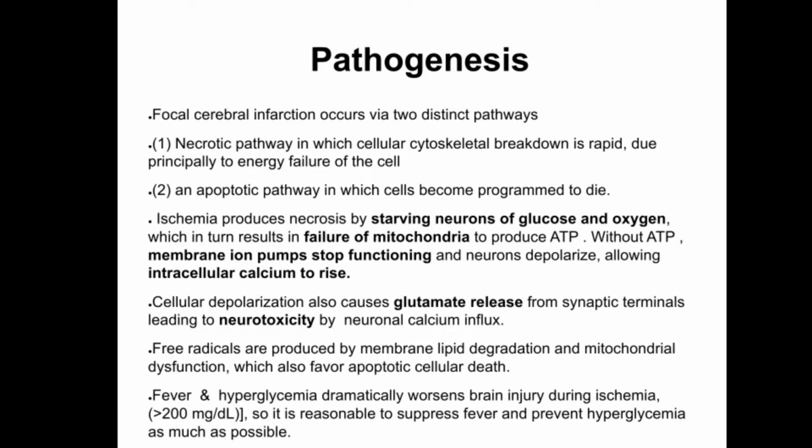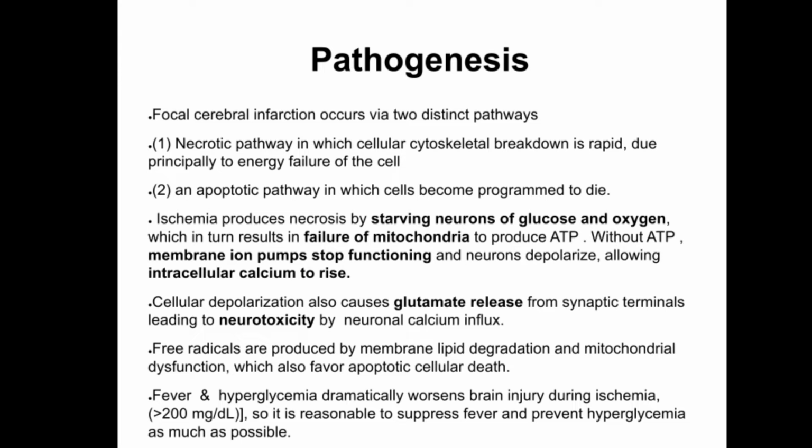This will lead to membrane ion dysfunction and influx of calcium into the neurons. So the intracellular calcium increases, leading to glutamate release, and this can lead to damage to the neurons. The subsequent release of free radicals into the neurons leads to complete damage.